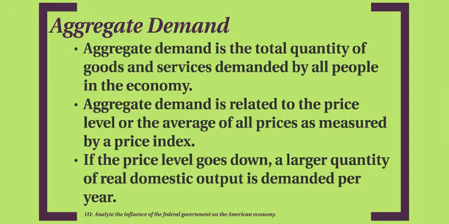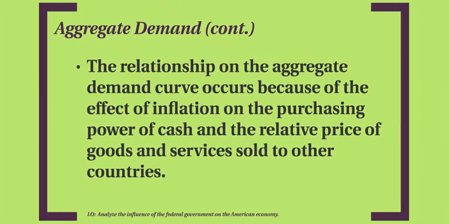Aggregate demand is related to the price level, or the average of all prices, as measured by a price index. If the price level goes down, a larger quantity of real domestic output is demanded per year. The relationship on the aggregate demand curve occurs because of the effect of inflation on the purchasing power of cash and the relative price of goods and services sold to other countries.